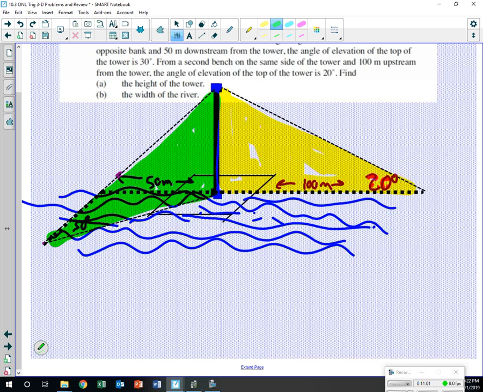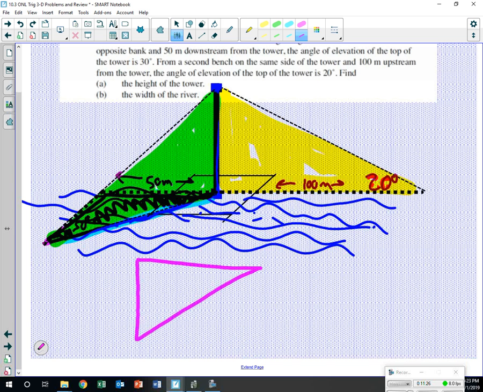There's a third triangle, and that third triangle is kind of distorted here, but it's in this little space here that's 50 meters, and down here it's this little triangle down here. Now it's kind of a hard one to see, and a hard one to imagine, but it's really a right triangle. This is going to be 50 meters, and this is the distance that we're looking for of the river.